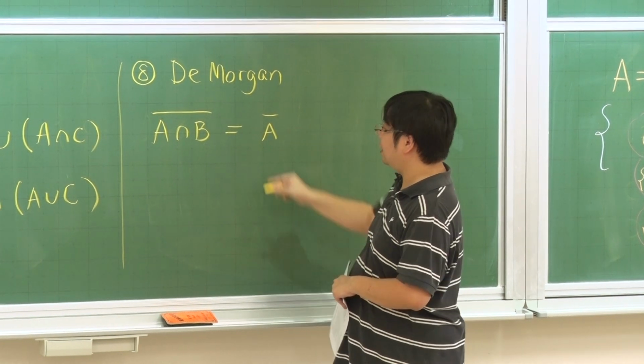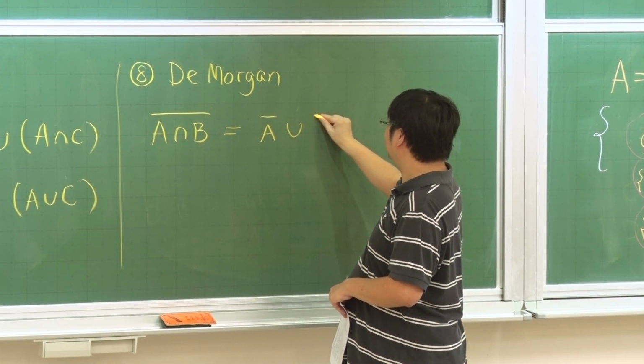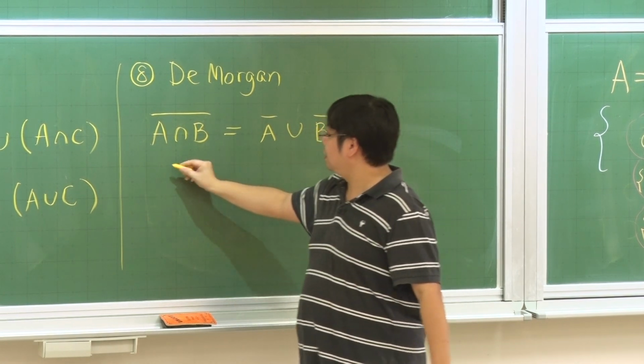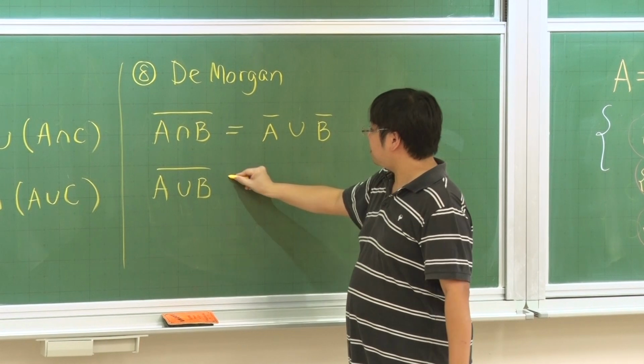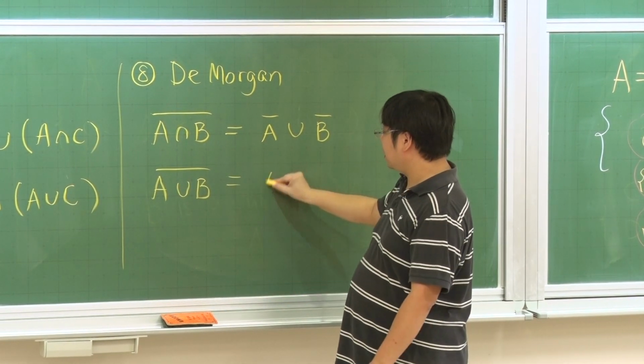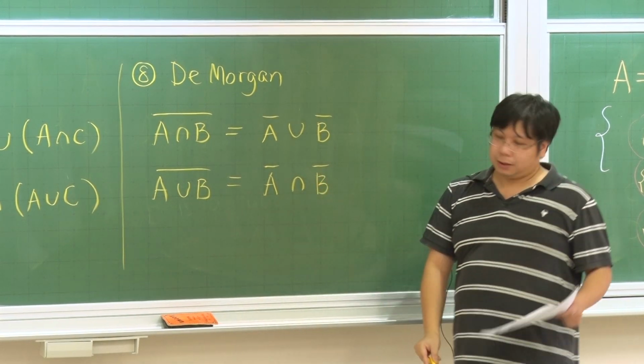Not A, and then intersect becomes union. This one. And then if you have A union B, then it will become not A intersect not B. Is that okay?